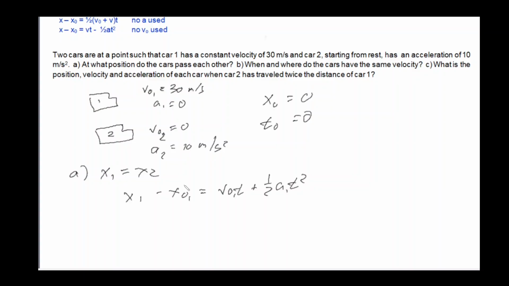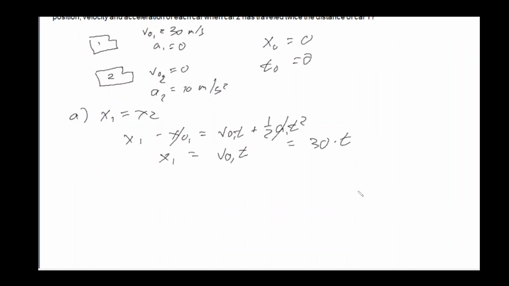Well, we know that this is 0 and that's 0, so we get x1 equals v01 times t. And we know v01 is 30 meters per second, so x1 equals 30t.